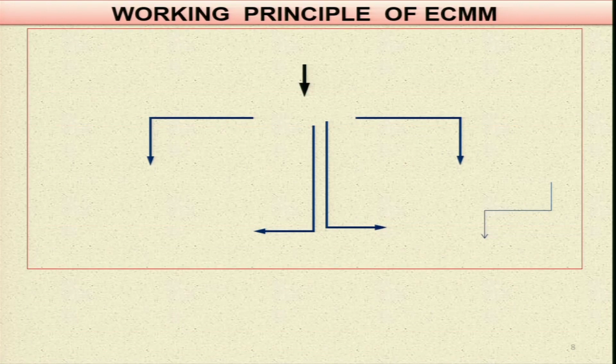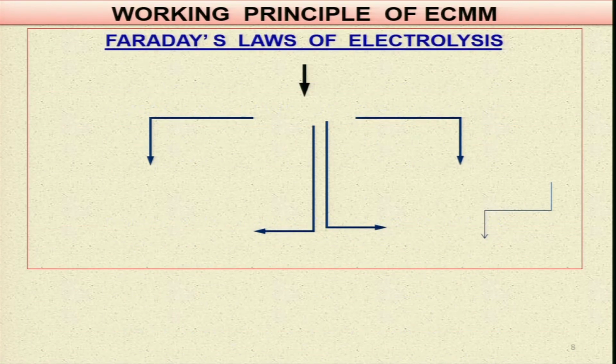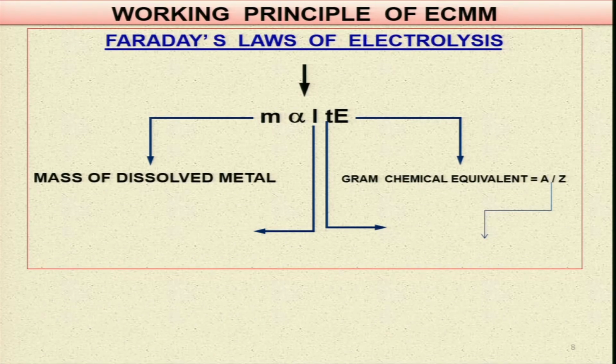Working principle of ECMM: as you can see over here, these are the Faraday's laws of electrolysis based equations, where m is proportional to ITE, where m is the mass of dissolved metal and E is the gram chemical equivalent of the workpiece material, which is given by A/Z.